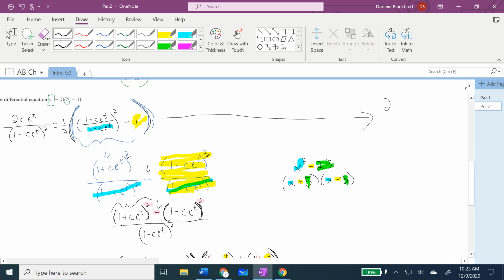have you see everything. So I'm right now writing what is here, 2c e to the t over parentheses 1 minus c e to the t squared, and then equal to 1/2.